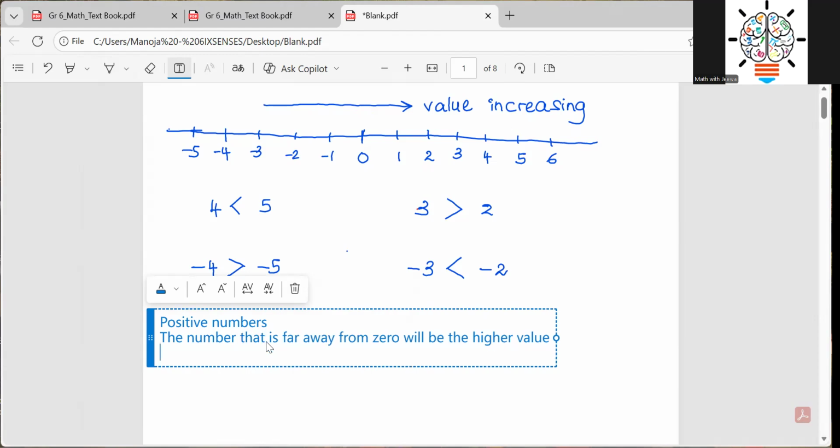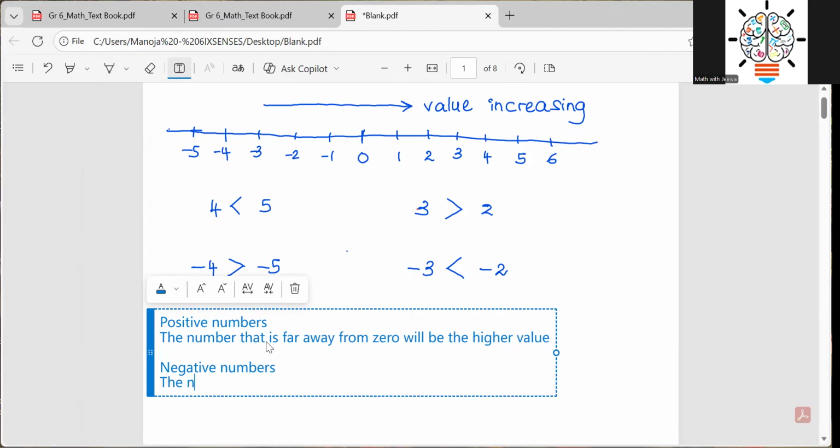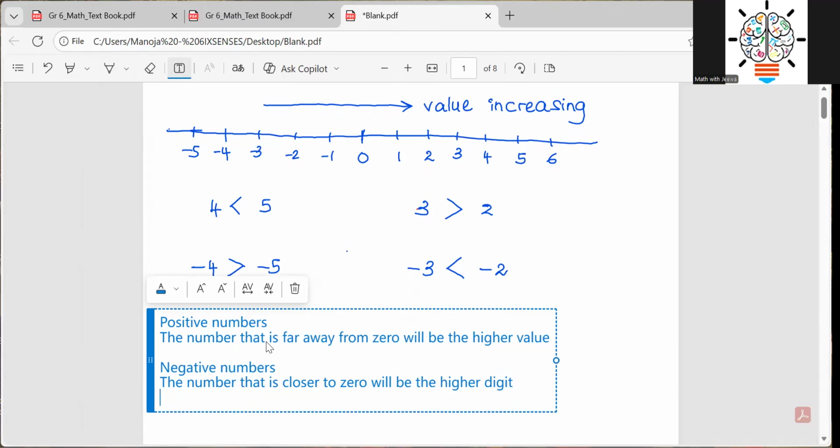If you have negative numbers, how do you check the bigger one? The number that is closer to 0 will be the higher digit. Let's say you have a positive number and a negative number.